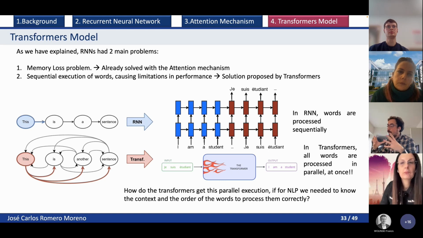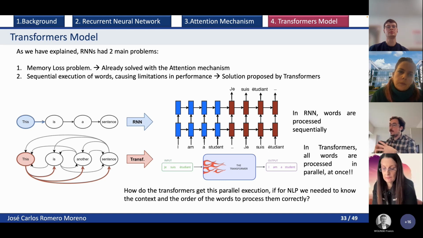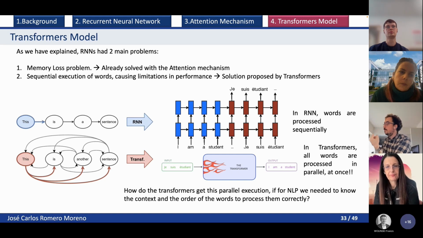Because with recurrent neural networks, as I didn't say in detail before, you are processing the words sequentially, which means you can only process one word at a time. So you are losing a lot of computational resources. Imagine you have a text of 1 million words.